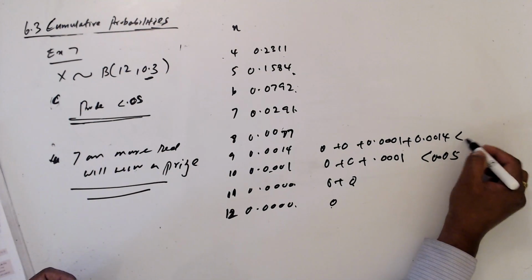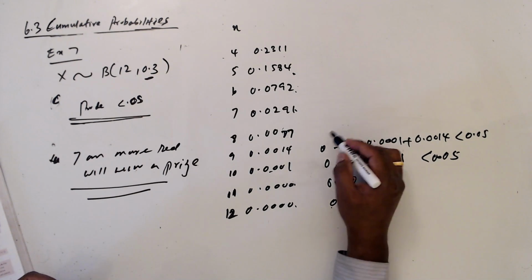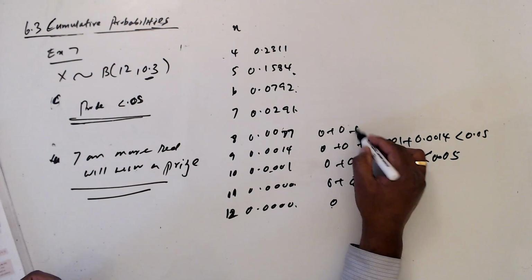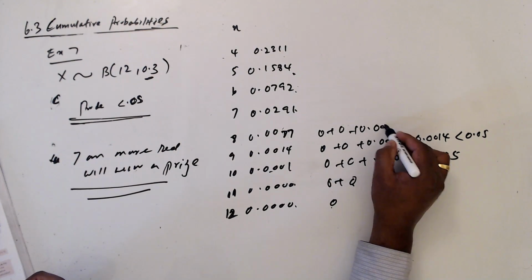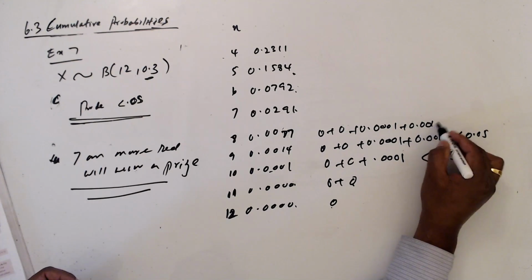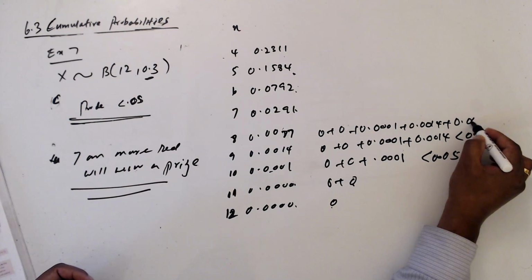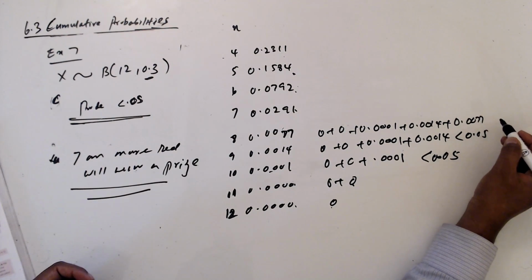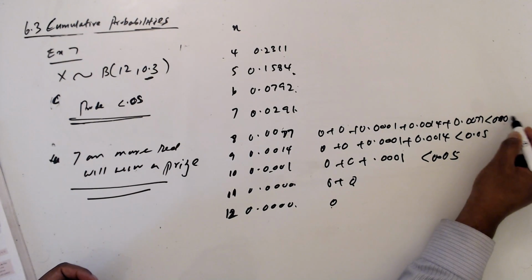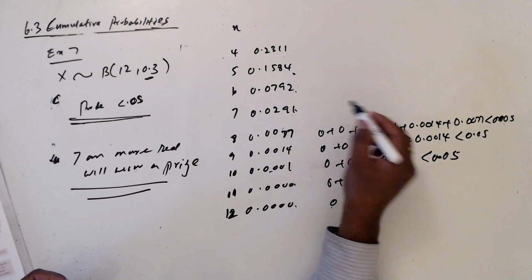Check the value. Still this is less than 0.05. Then go further, add one more: 0.0001 and 0.0014 plus this value now 0.0077, and check whether this is less than or equal to 0.05. You can see it is less than, because I know this number now from the last calculation.